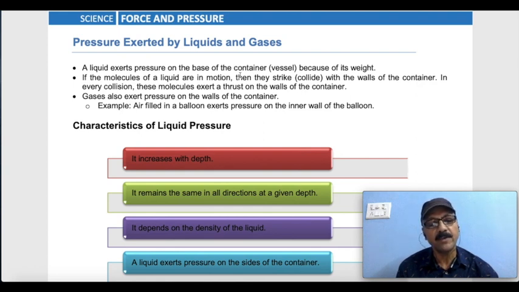What do you observe? Water from the lowest hole comes out with the greatest force and falls at the maximum distance.